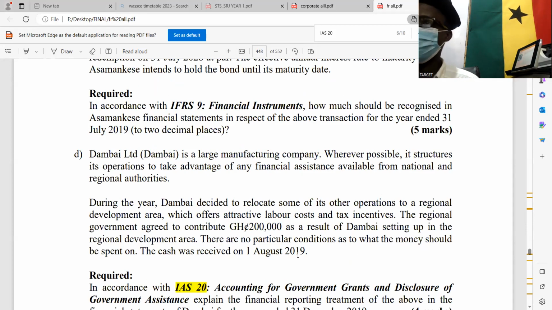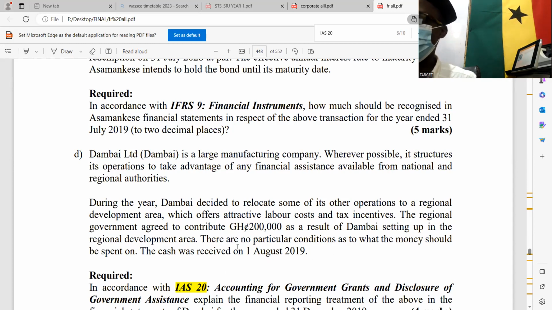This is Dambai. During the year, Dambai decided to relocate some of its operations to a regional development area, which offers attractive labor costs and tax incentives. The regional government agreed to contribute 200 as a result of Dambai setting up in the regional development area. There are no particular conditions as to what the money should be spent on.